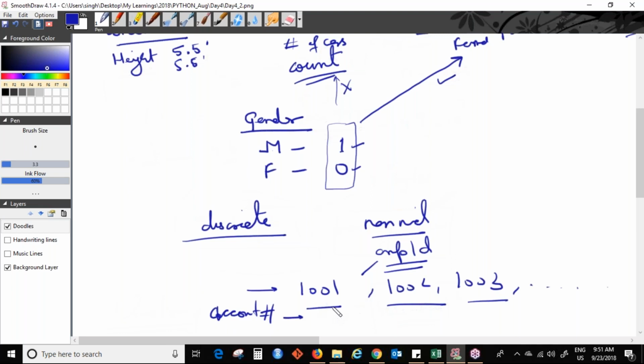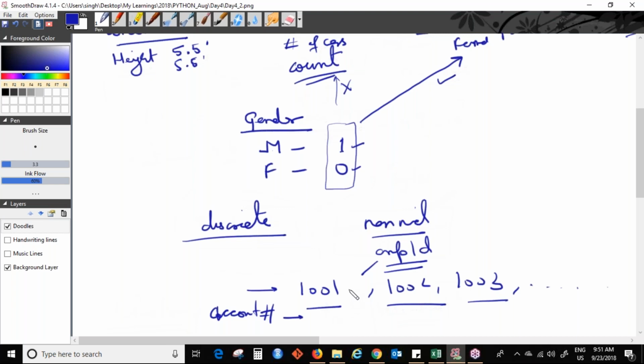Vikram says it is continuous. Employee ID, do they take decimal places? I don't think so. I have never seen employee IDs taking decimal places. So what kind of variable are they?